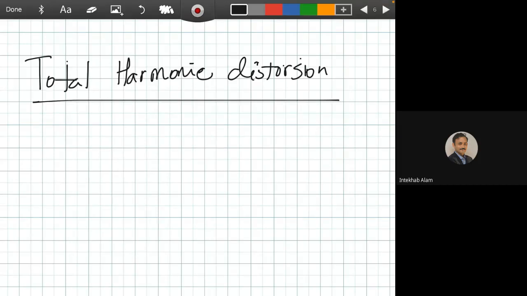Okay. So if we consider the total harmonic distortion, how can we define it? Sir, I think there will be a T instead of S in distortion.